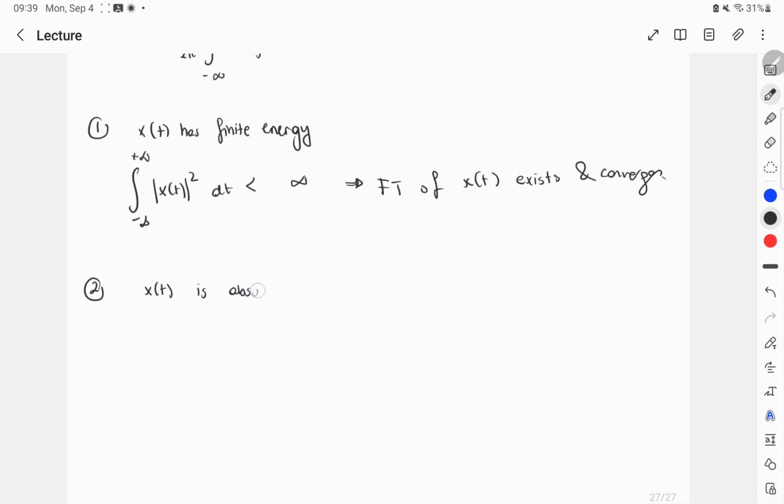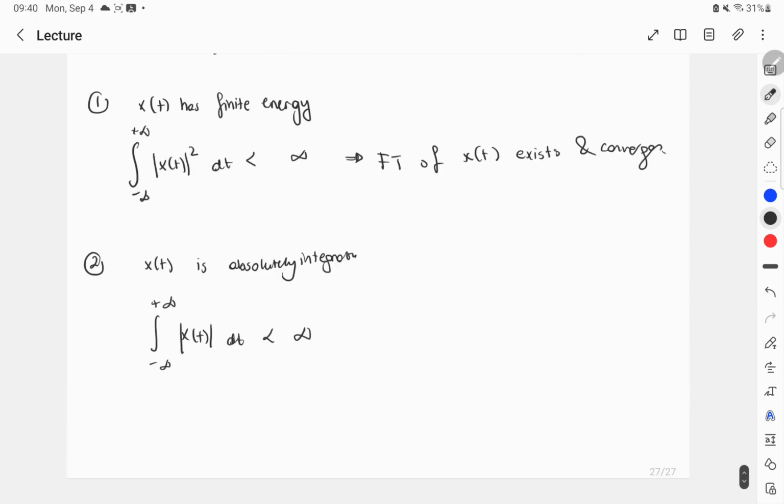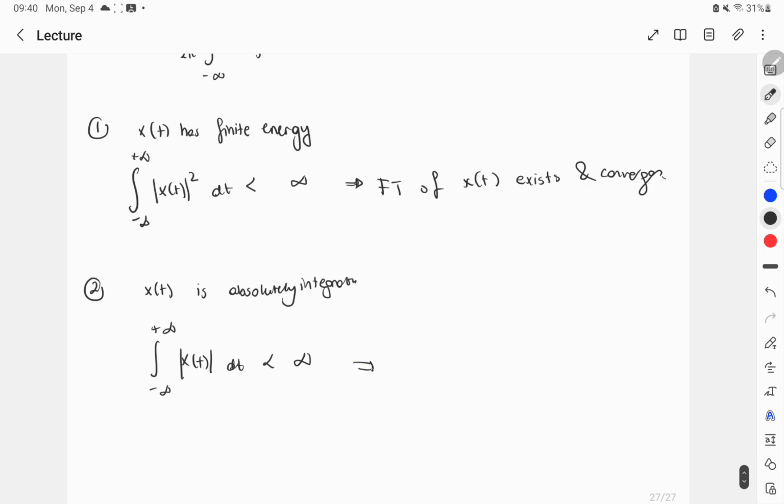So what I mean is, when we integrate from minus infinity to infinity the absolute value of x(t), if it is smaller than infinity, then the Fourier transform of x(t) exists and converges. That's it.